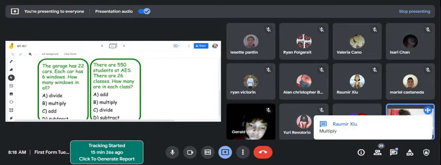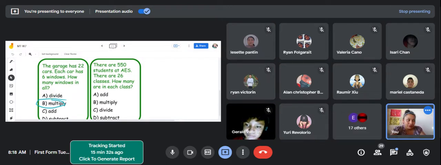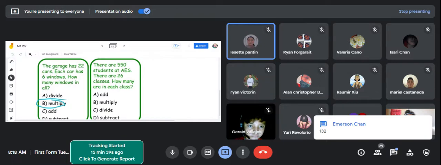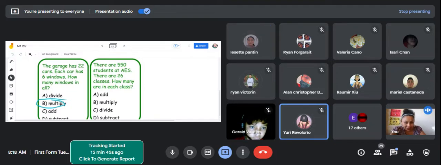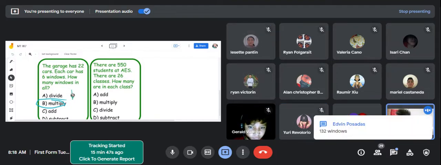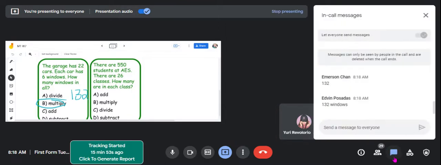And what will be your answer? 132, miss. 132 what? Windows. Very good. 132 windows. Very good.